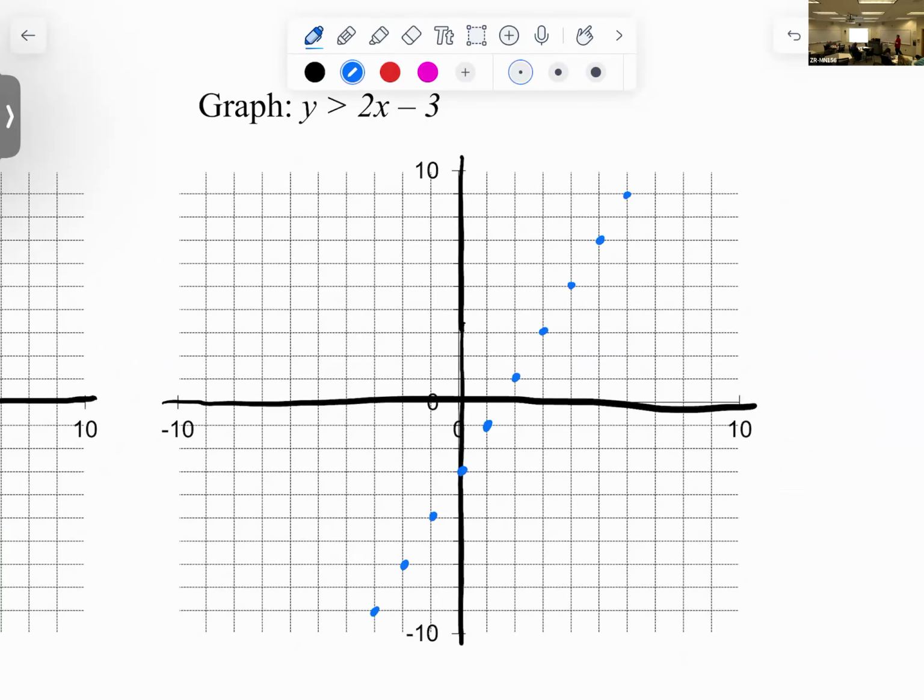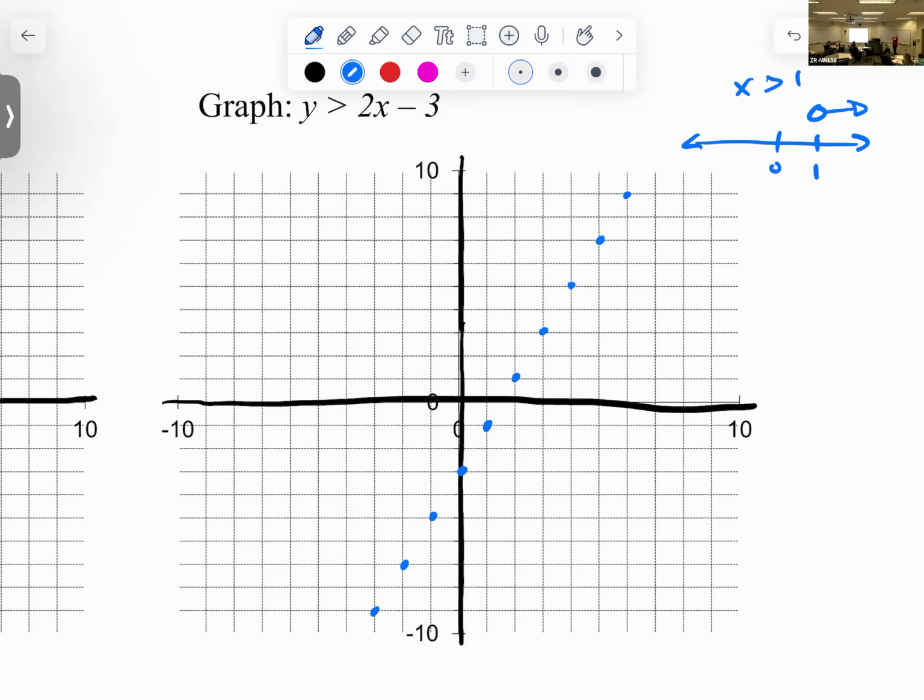But we want to think back to what we did in one dimension. When it was x greater than 1, how did we draw this in our 1D graph? It was an open circle, and to the right.